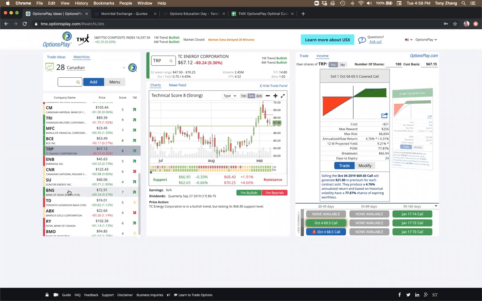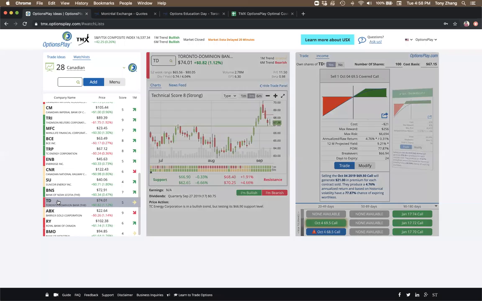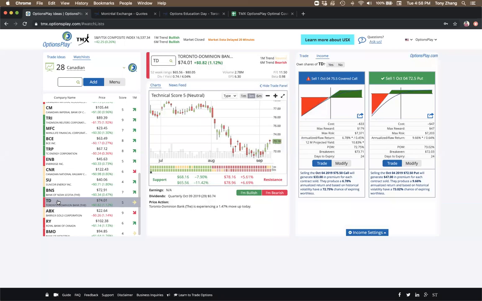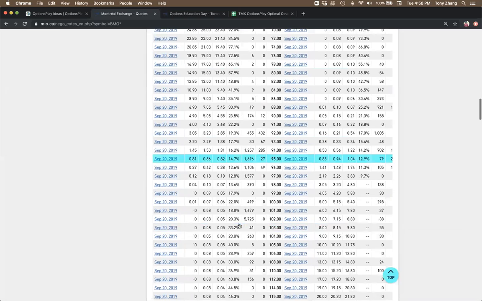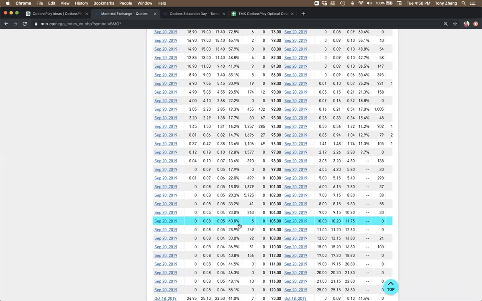And this tool is designed from the ground up to allow you to type in any symbol and immediately see where your starting point should be for selling covered calls and cash secured puts, instead of forcing you to use a page that looks like this, that sometimes is confusing as to where to start. And even if you know where to start, you still have to manually calculate, okay, how much yield does 42 cents in income generate?